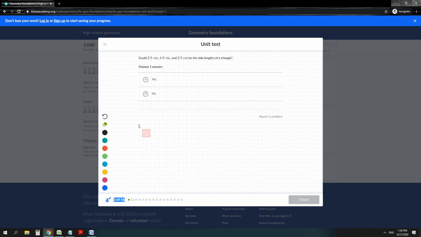So two sides added together have to be bigger than the other side. Why? Because this is the long way, this is the shortcut. If this is 2.8 and this is 2.8, then whatever this is, it better be less than 2.8 plus 2.8.